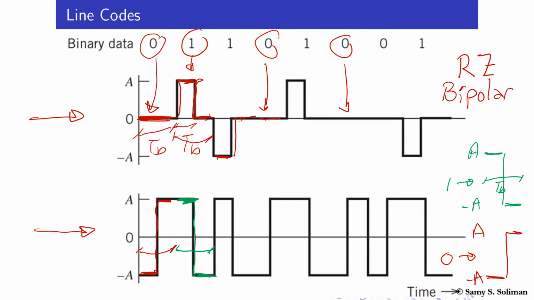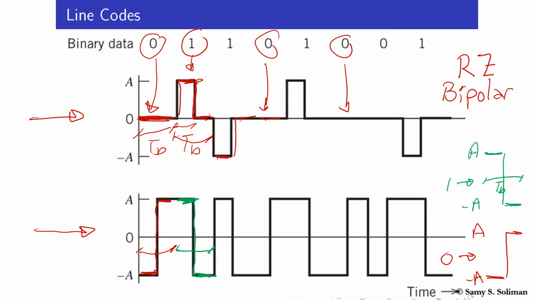Also, this representation is called Manchester code, and one of the main systems that use such a representation of ones and zeros is networks with Ethernet signaling. The bits are represented by Manchester codes.